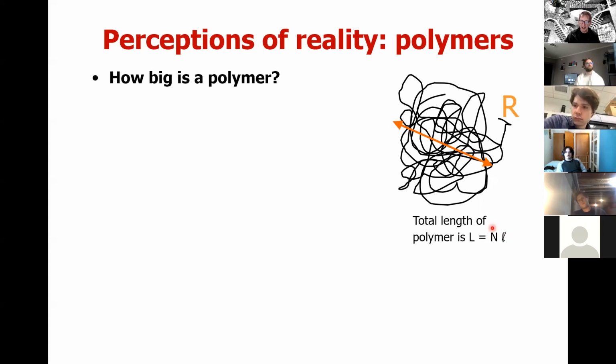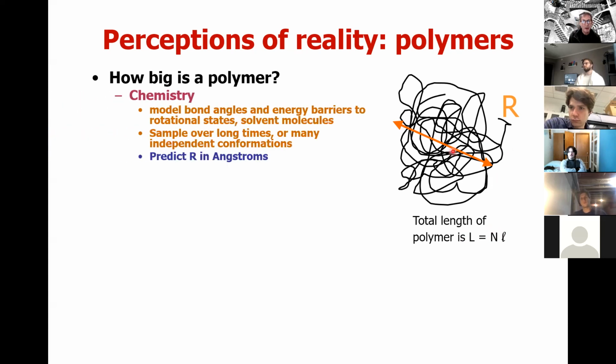But in reality, these things are in solution, they're in thermal equilibrium, they are floating around like this, and they adopt some conformation like so. And so the question you might want to ask is, how big is this polymer? If you go and ask a chemist, the chemist will say, okay, let me take the chemistry level of description, let me model the bond angles and the energy barriers to rotations about the carbon bonds, let me model the interactions with the solvent molecules, and so I'll make a very detailed chemical model.